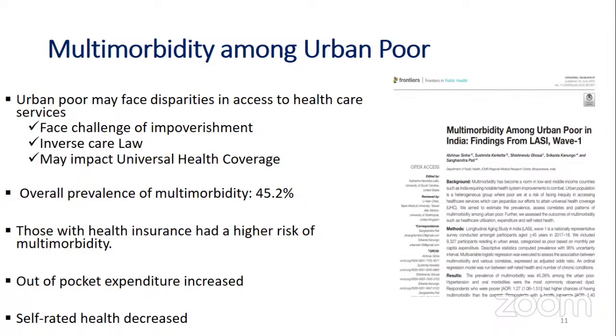So health insurance schemes such as Ayushman Bharat are very important to protect these vulnerable groups. And we also observed that for each additional condition, the out-of-pocket expenditure on healthcare increased and self-rated health decreased among these individuals.